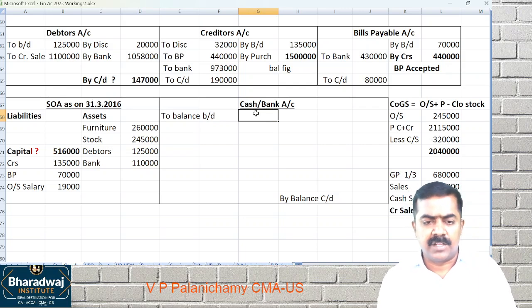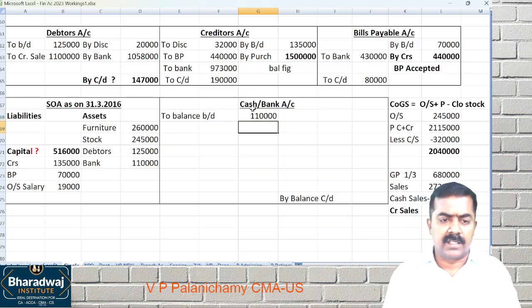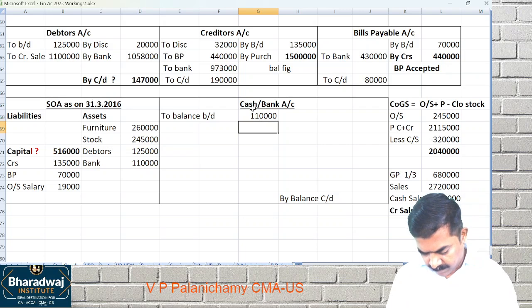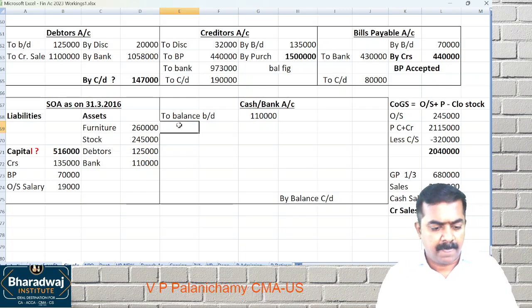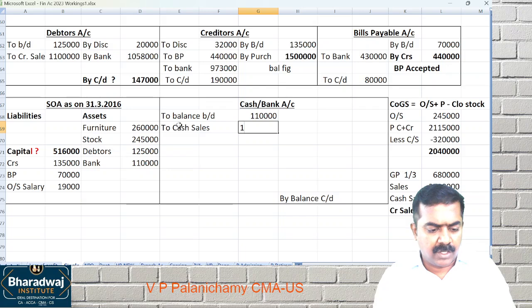Cash and bank balance together, how much is given? 1 lakh. Look at what collections and payments there are. Cash sales, what is the cash sales? 16,20,000.